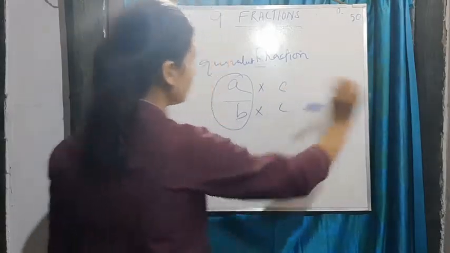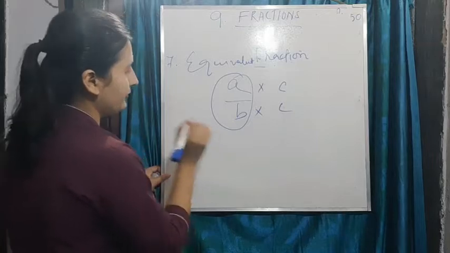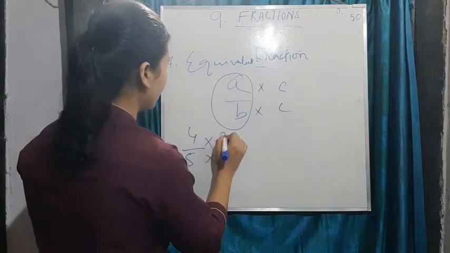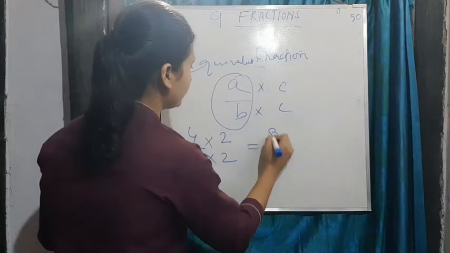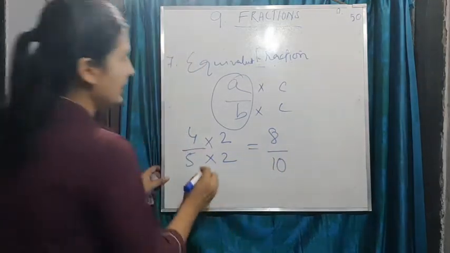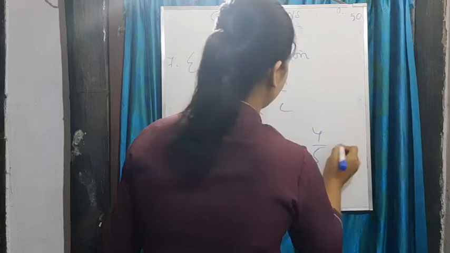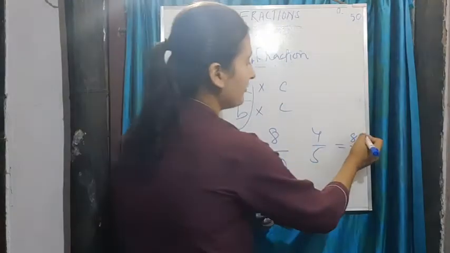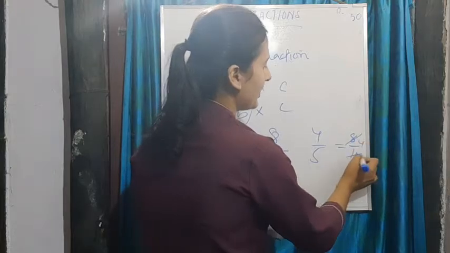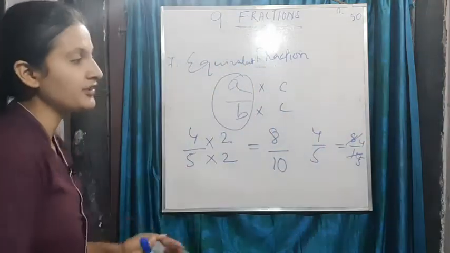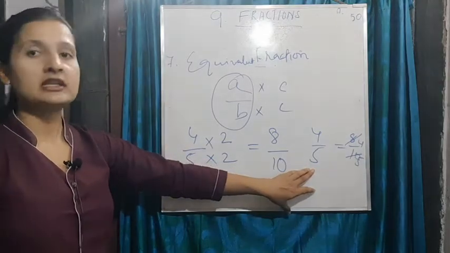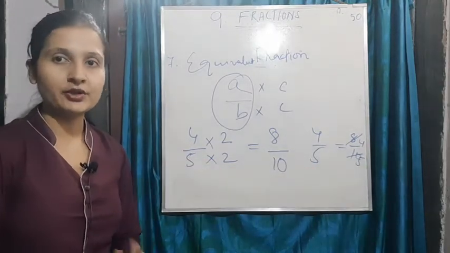Suppose 4 by 5 and we have multiplied it by 2. So 4 2s are 8, 5 2s are 10. So 4 by 5 is equal to 8 by 10. If you simplify it, 2 4s are 8, 2 5s are 10. See, when we simplify it, we get the same fraction, right? Therefore, it is called an equivalent fraction, all right?